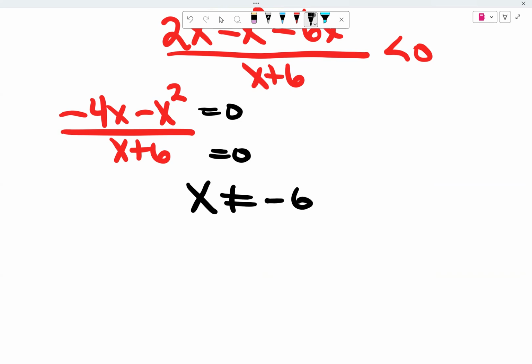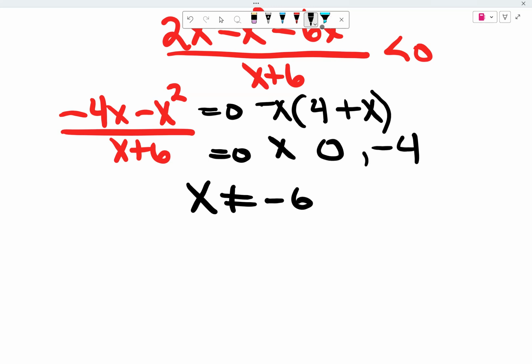Up here, if I take out -x, I end up with 4, and then this will be plus x. Does that make sense? That's -4x, -x squared. So I have a repeating 0, and I have a -4 up here that x cannot be. And here x cannot be -6.